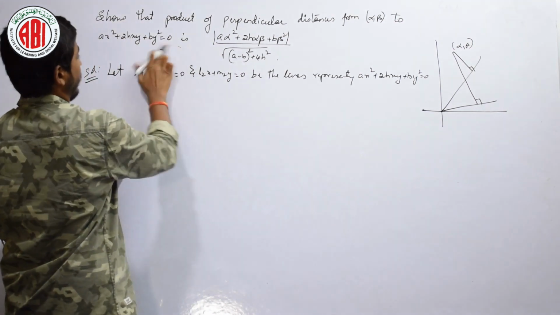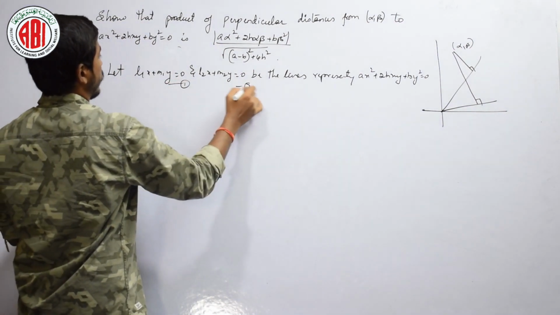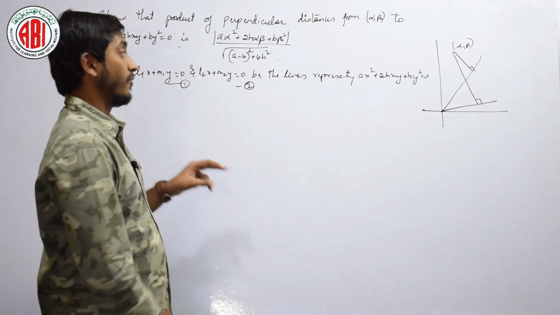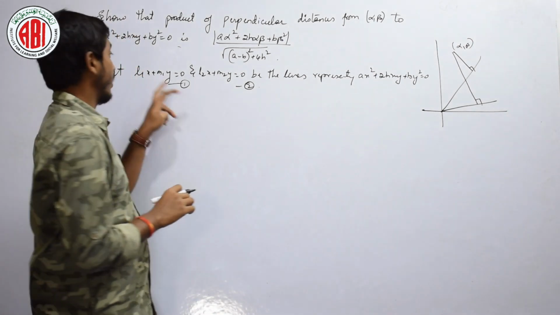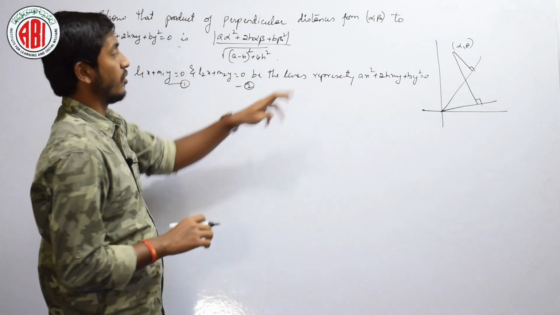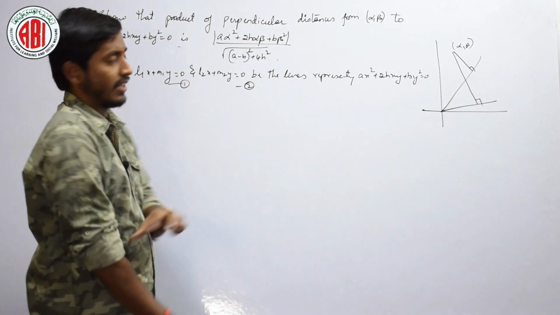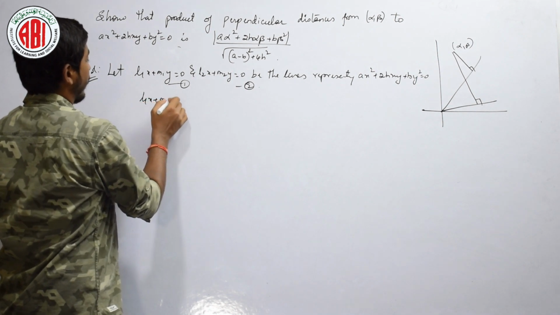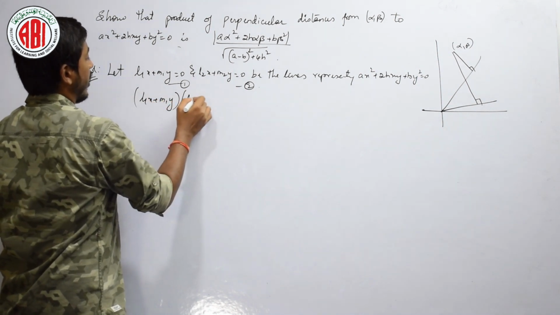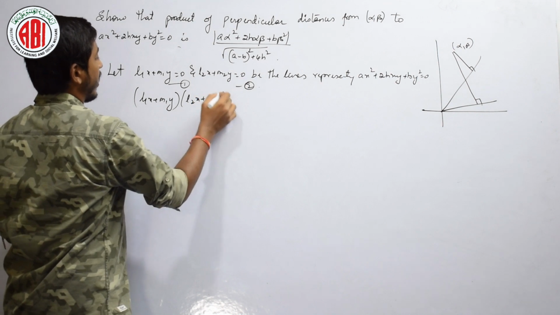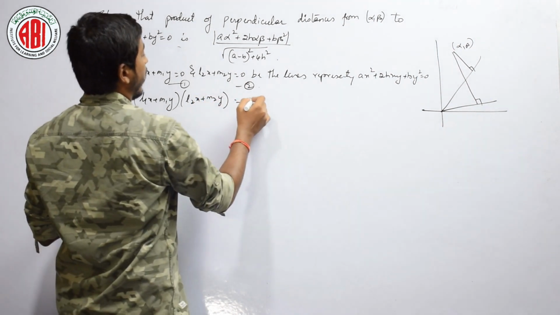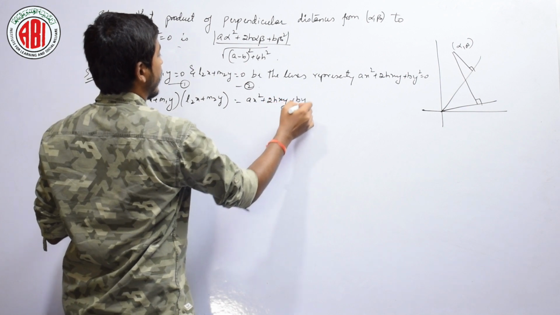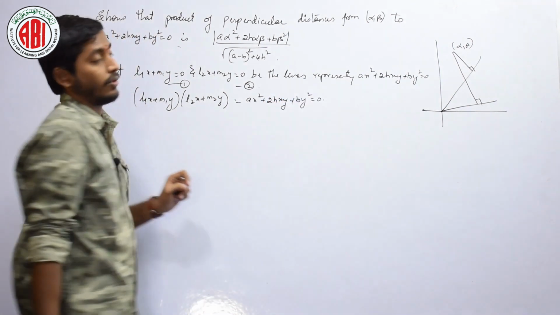Let us call them 1, 2. What is the first step we will do again? For this kind of question we have to multiply. Now we will multiply both, right. Yes or no? We will multiply L1x plus M1y into L2x plus M2y, and equate it to ax square plus 2hxy plus by square equal to 0.